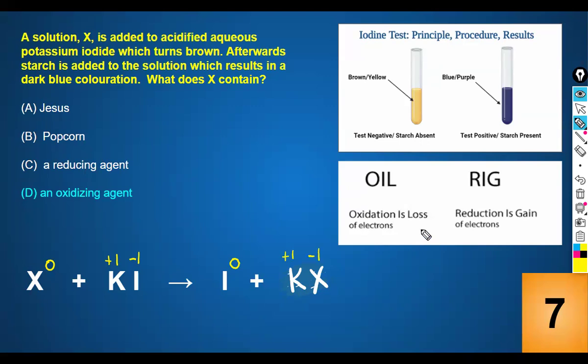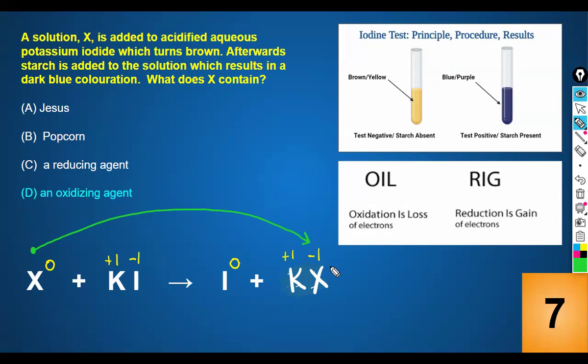Right. So let's see what's happening here. X went from 0 to -1. What happened to X? Was X oxidized or was X reduced?